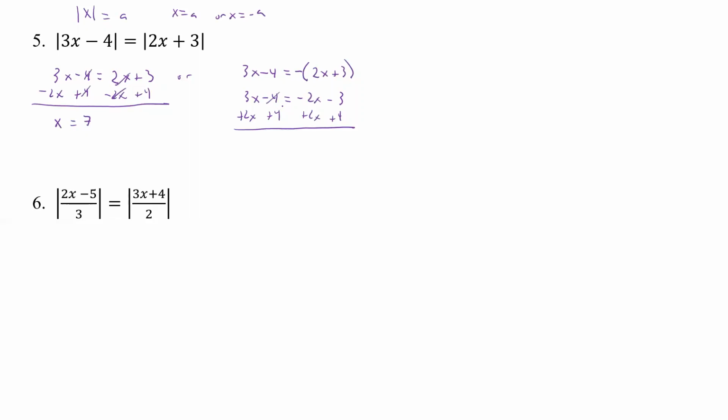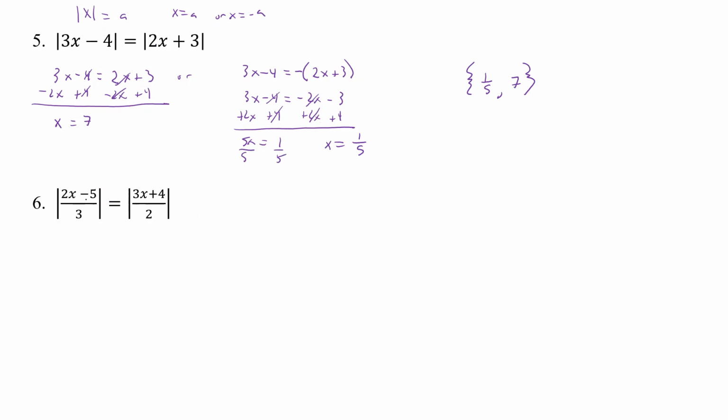That cancels that, that cancels that. So we have 5x equals 4 minus 3 is 1. Divide by 5, x equals 1/5. And so we have 1/5, comma, 7. Okay, so that would be our solution set for this problem.